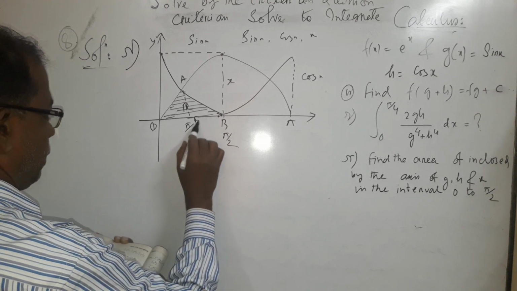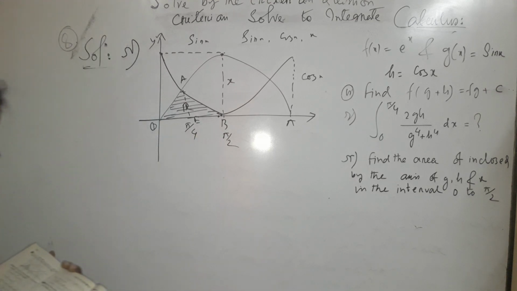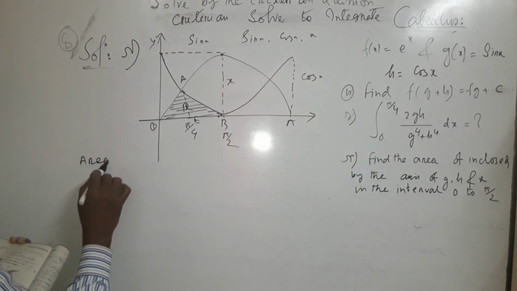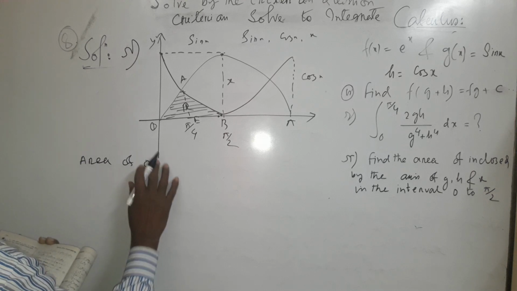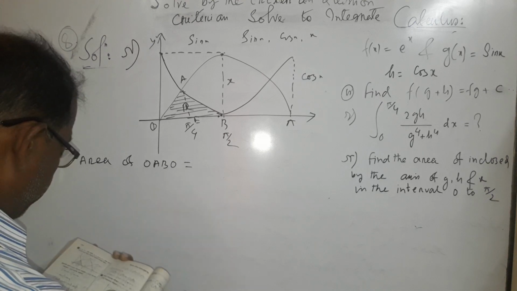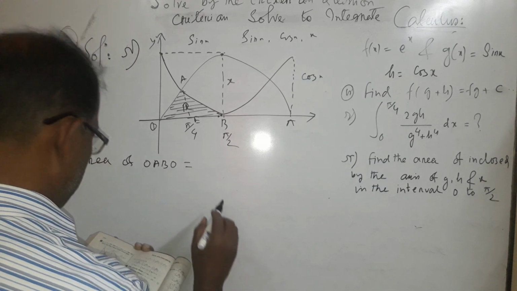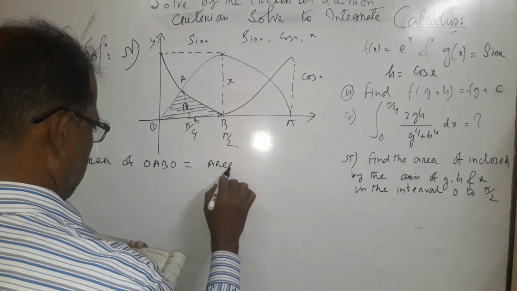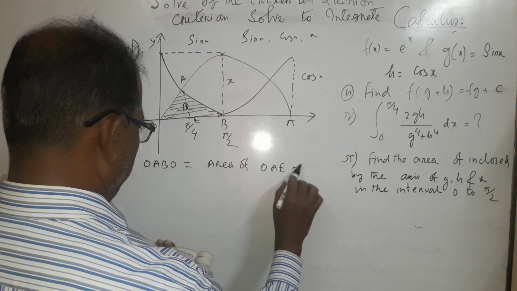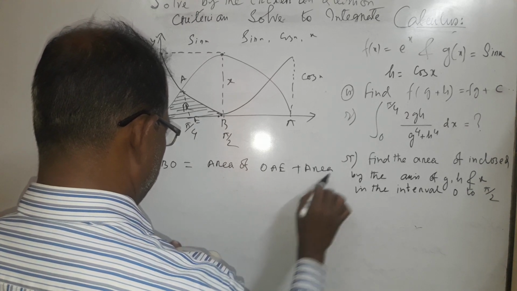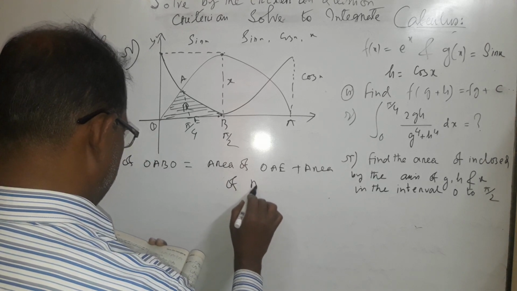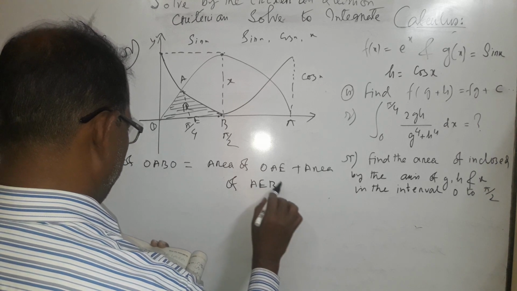This is the E. We have to practice area of OABO equal to area of OAE plus area of AEB.